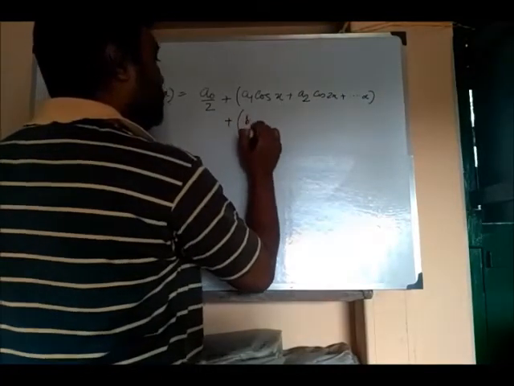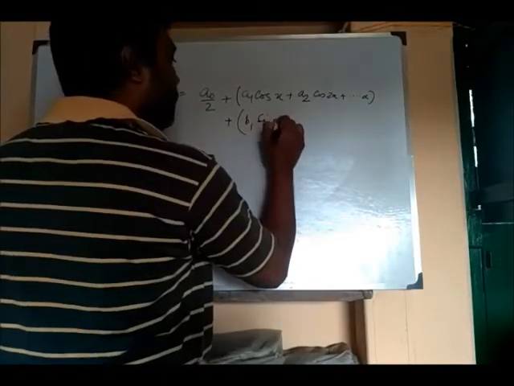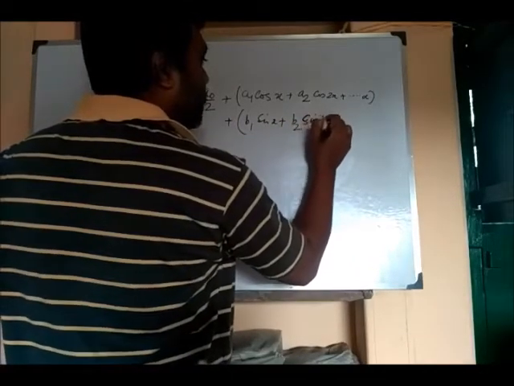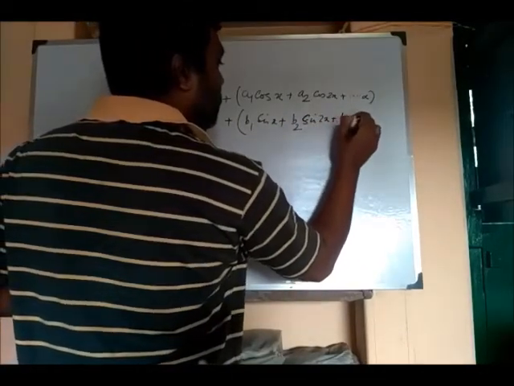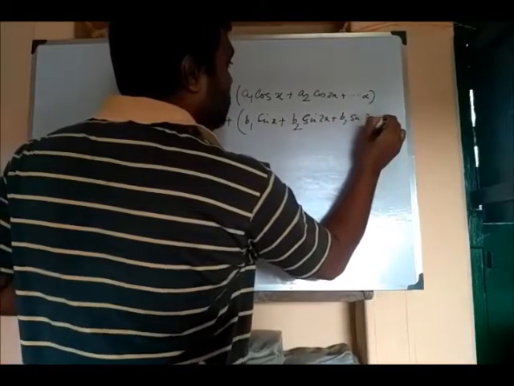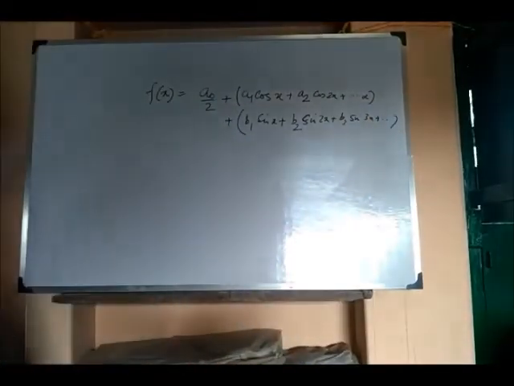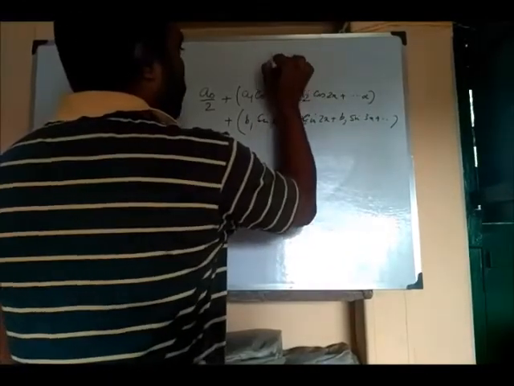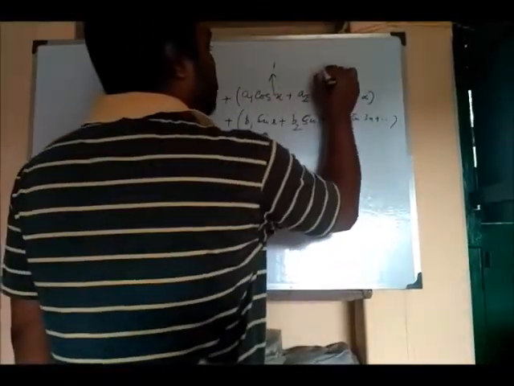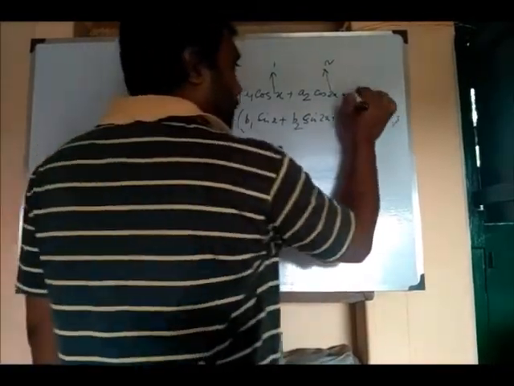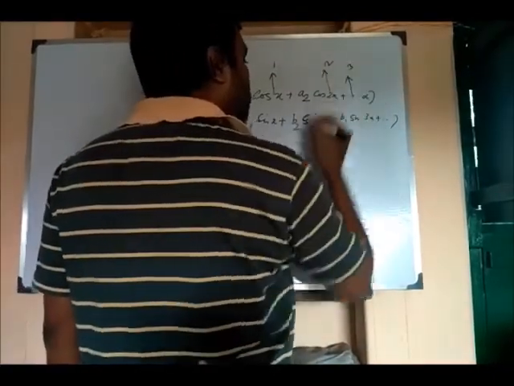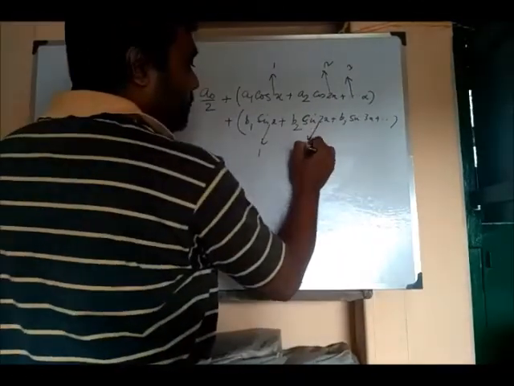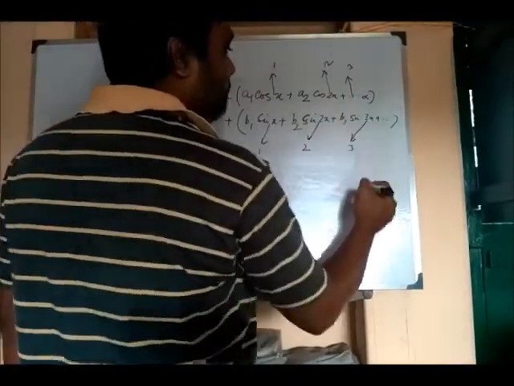And in case of the sine series, b1 sin x, b2 sin 2x, b3 sin 3x, in this way. So here the frequency is 1, here the frequency is 2, and in the next term the frequency is 3. In the sine series also it is 1, 2, 3, and so on.